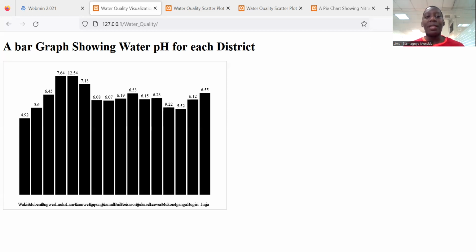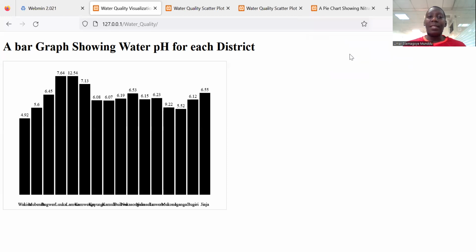So this shows you that different districts have different pH, and people who are good in chemical compounds can reach a conclusion on how this pH comes about with the different anions and cations and all components within the water.